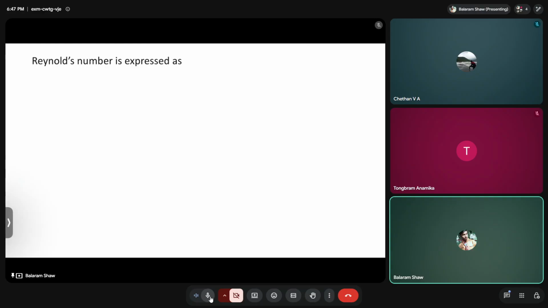Okay, so the next question is: Reynolds number is mathematically expressed as, just now we have seen, right? Can you answer this? This is easy. I will stop for a moment so that you can check all the options.